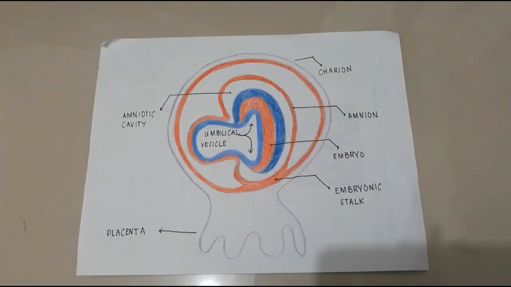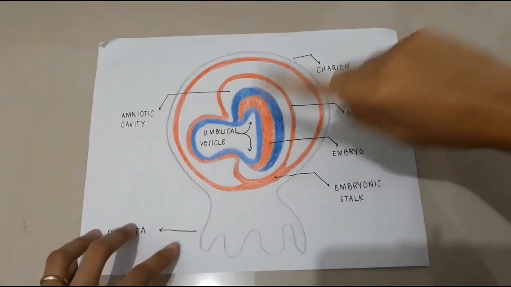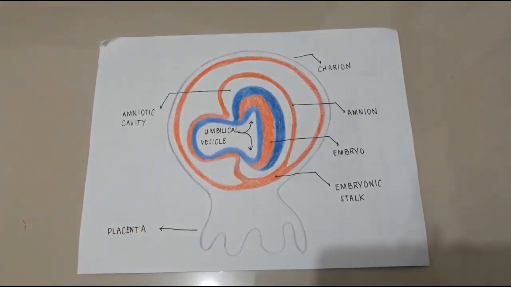So, it will form the nervous system. The nervous system consists of the brain and the spinal cord. The light blue layer forms our digestive system. It forms the epithelial layer of the digestive system, the liver, the pancreas, etc.